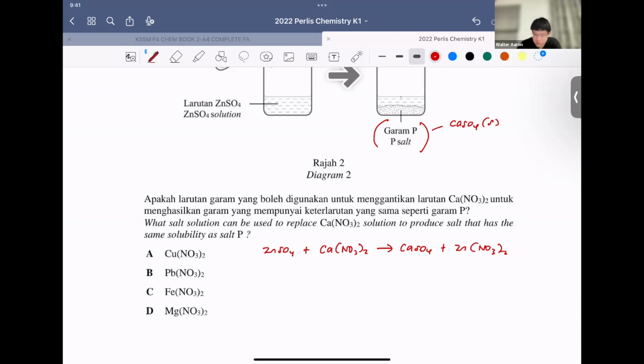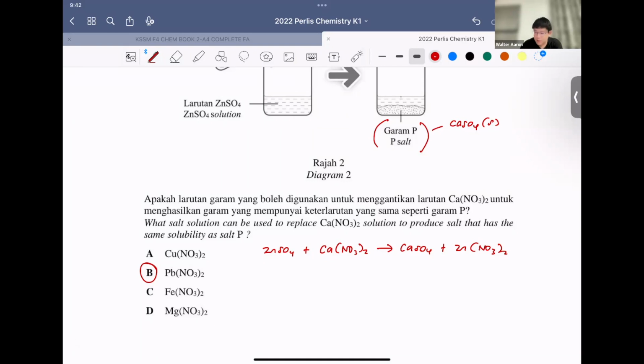So my answer here will be B. Why? Because copper, iron, and magnesium sulfate can all dissolve in water. So for A, C, and D, technically speaking, there is no end result that will produce any precipitate if you were to add it to zinc sulfate.